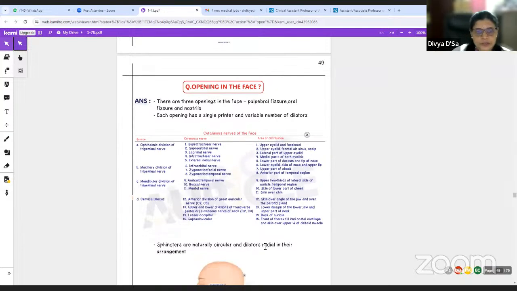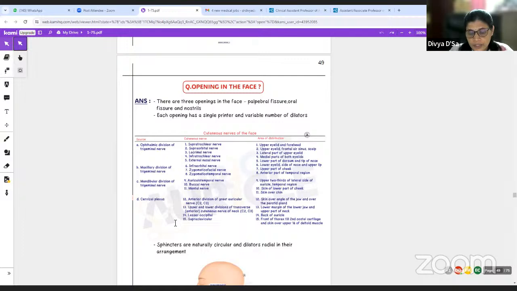Next, openings in the face. Which are the three main openings there? We have the palpebral fissure, the oral fissure, and the nostrils. Each of these has a single compressor and many dilators. Compressors basically help in closing.